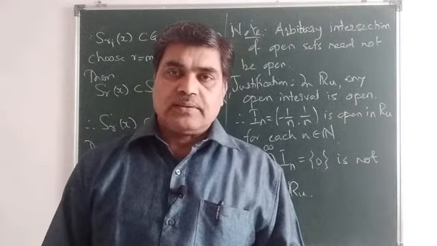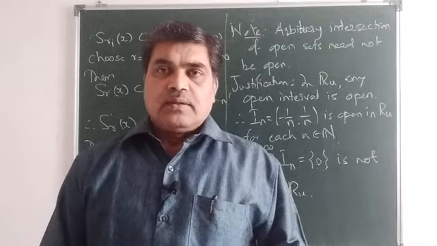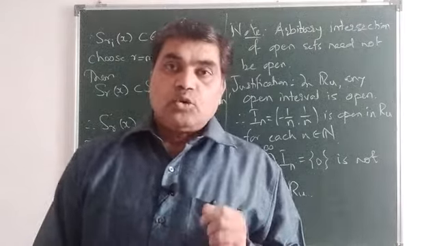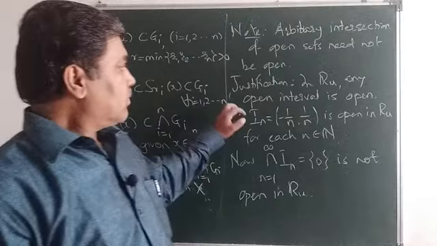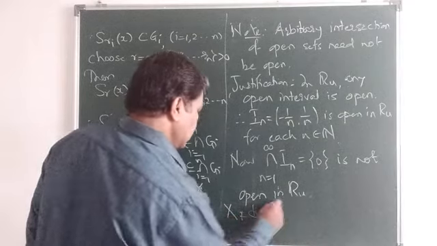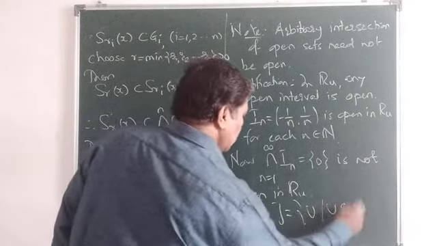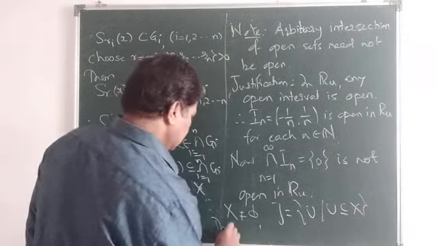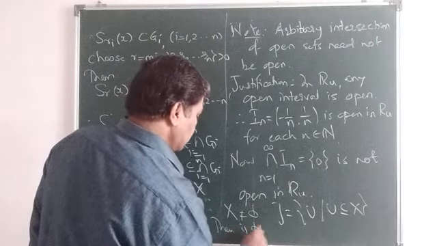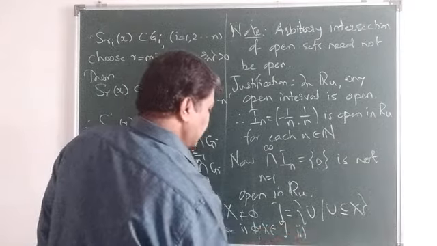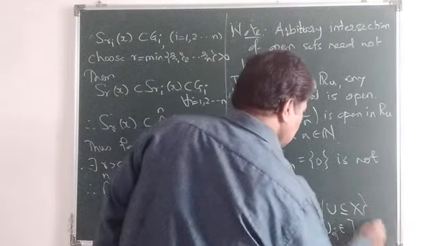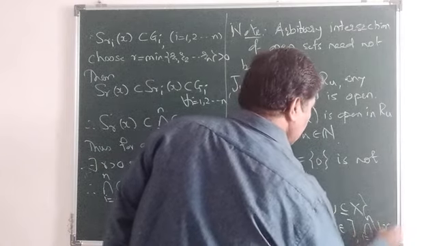If X is a non-empty set and tau is a collection of subsets of X, then tau is said to be a topology for X if, first, phi and X belong to tau; second, the union of the U alphas belongs to tau; and third, the intersection of Ui, i equal to 1 to n, belongs to tau.